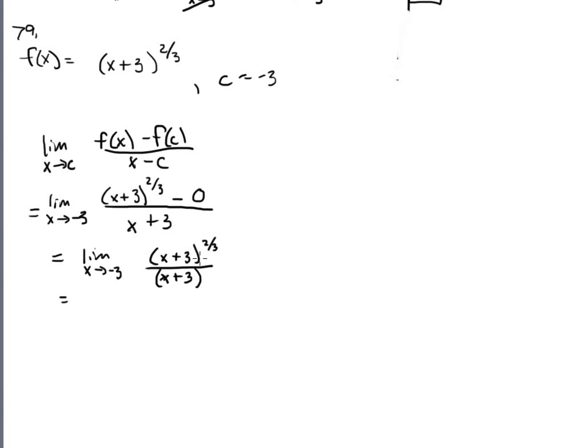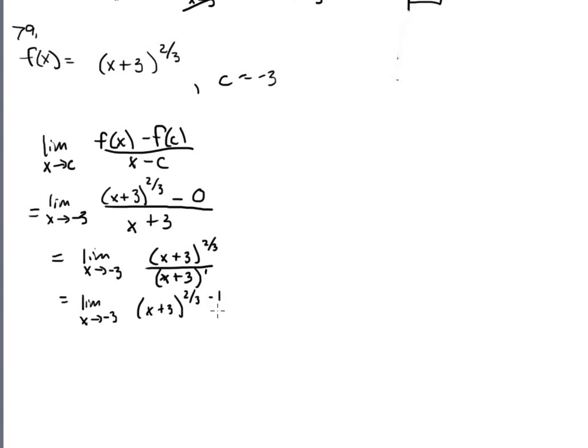So if we have two common bases, we can do something with their exponents if they're being multiplied or divided by one another. If they're being divided by one another, we can subtract. So we have the limit as x goes to negative 3 of x plus 3 to the 2/3 minus 1.